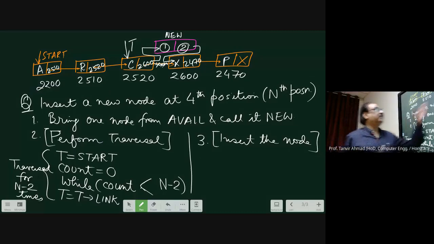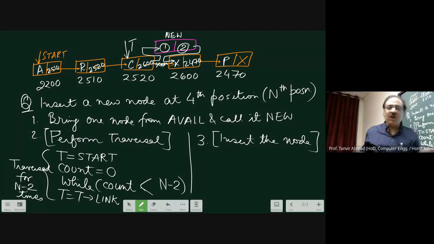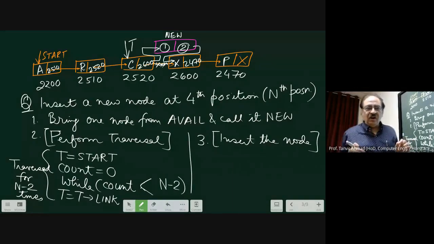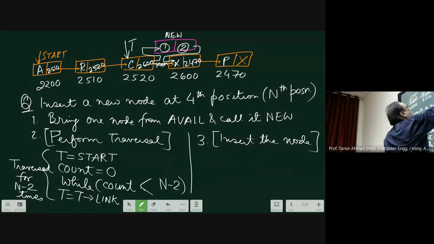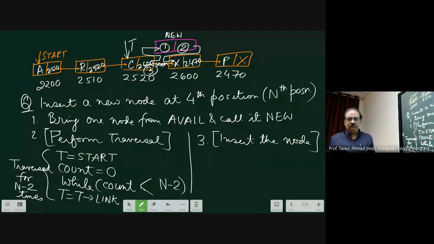And this 2600 has no name. Therefore, you cannot identify that node. So the thumb rule says always modify the link of the new node first. It means you do three things: 1, 2, and also 3 here. But 2 must be done before 3. You must do 2 before 3.